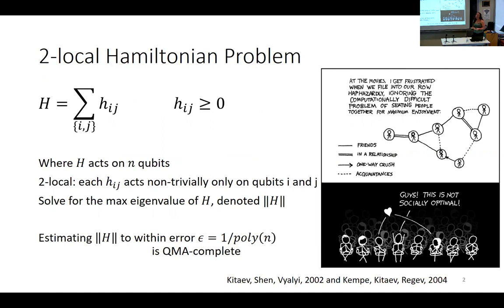I guess if we were saying that the h_ij are all 0 or 1 or plus or minus 1 or something, and you said I want to know, is there a state where I get all of the interaction terms to be negative? That would sound like constraint satisfaction. But even if it's not possible to satisfy all of them, I'd still minimize it. Yes, that is exactly the problem.